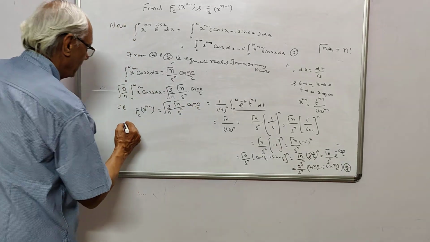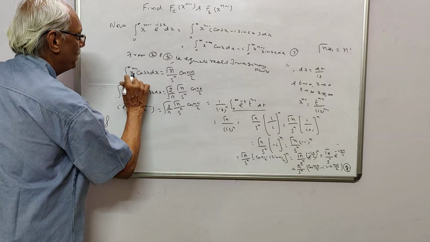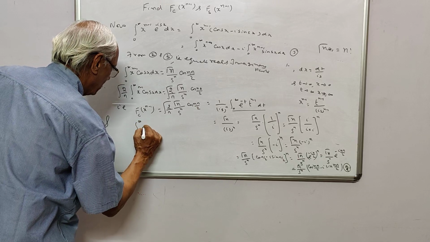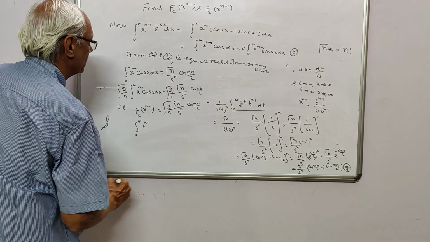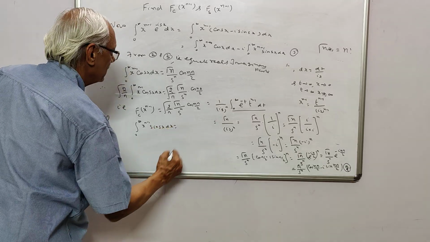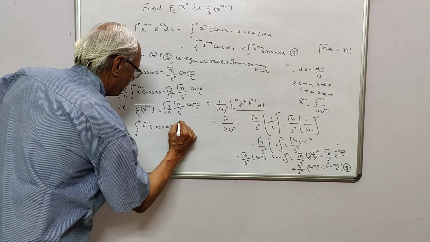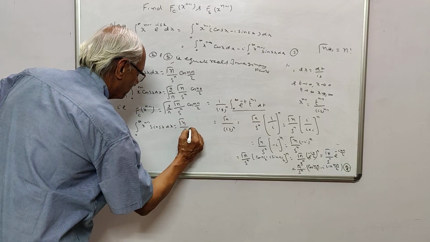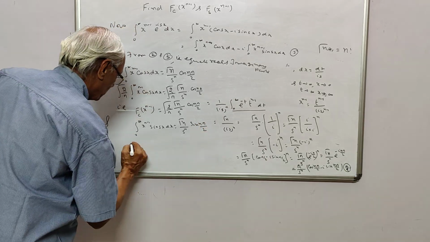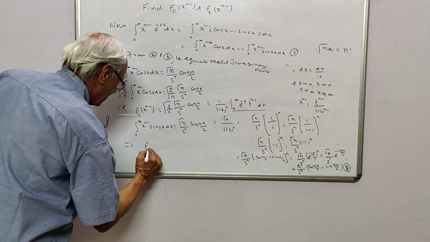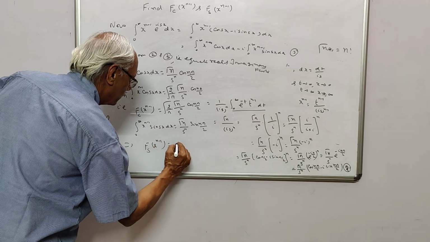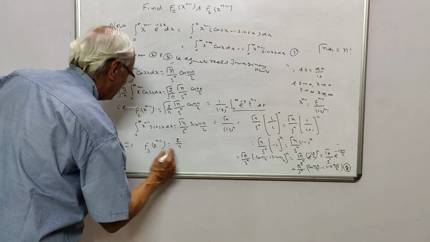Okay, now if you equate the imaginary parts, what will you get? The integral from 0 to infinity of x to the power of n minus 1 sine sx dx is again equal to gamma of n divided by s to the power of n into sine n pi by 2. So this implies Fs of x to the power of n minus 1 is equal to square root of 2 by pi.